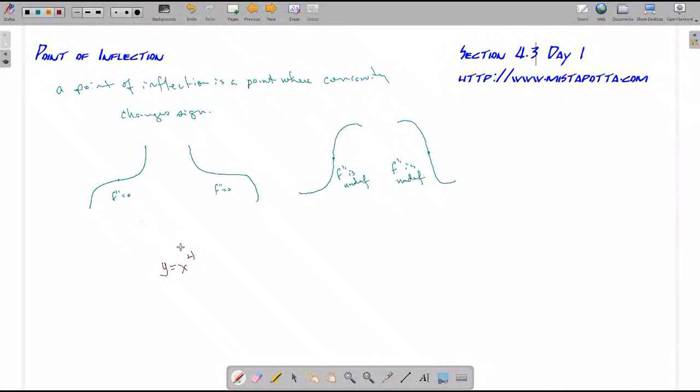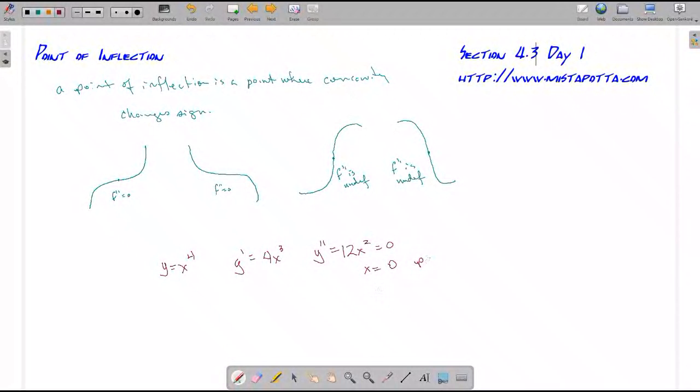If I take a look at the first derivative, my first derivative is 4x cubed. My second derivative is 12x squared. And if I set that equal to 0, then I find out that x equals 0.